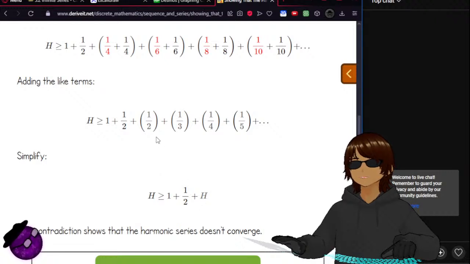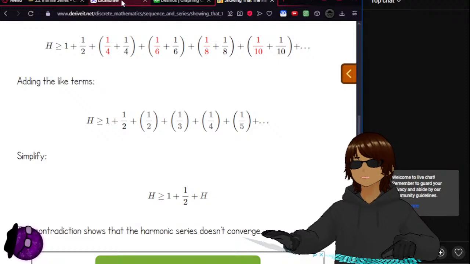Instead of h, I should write h minus 1. And then we would be left with half plus h, which would be a contradiction.